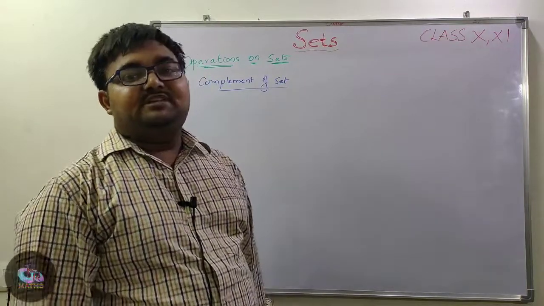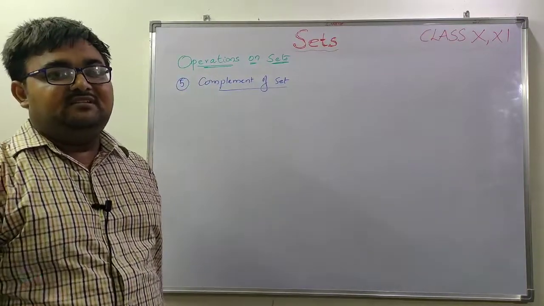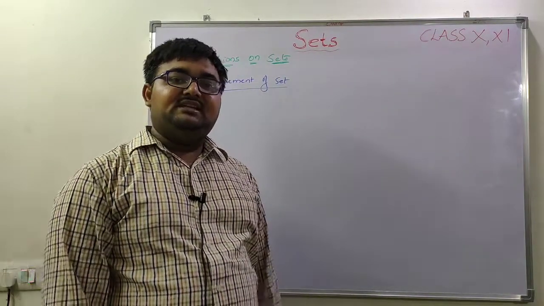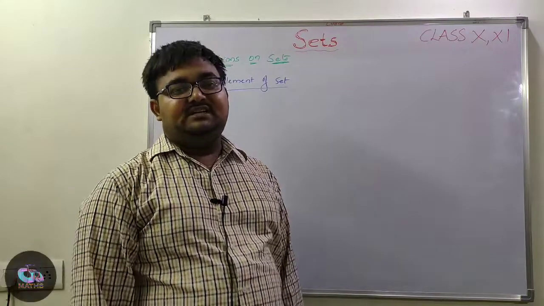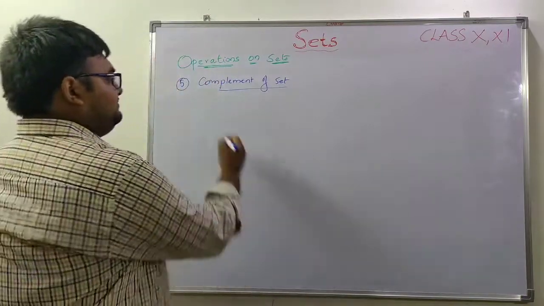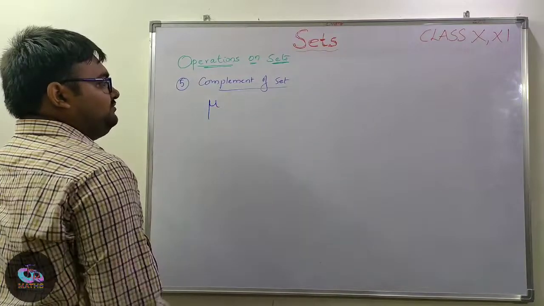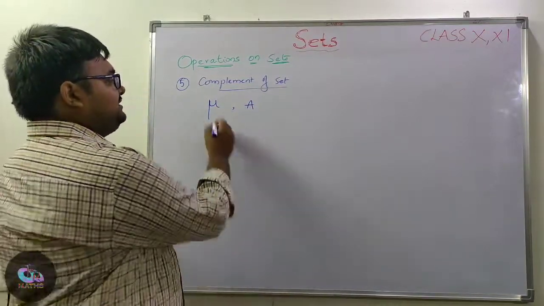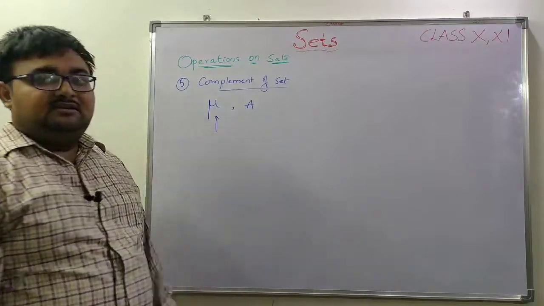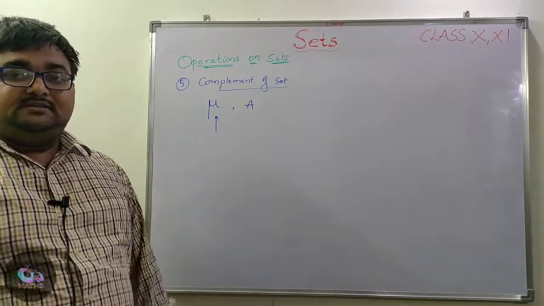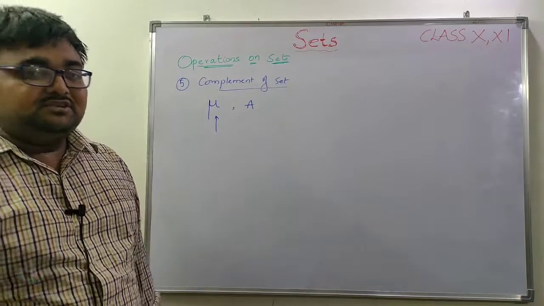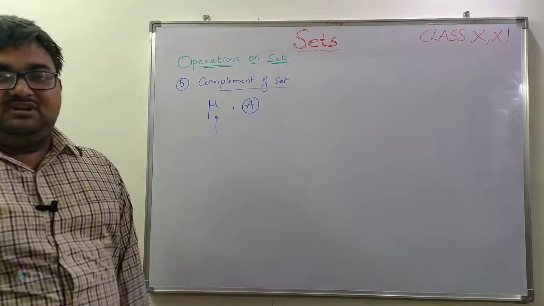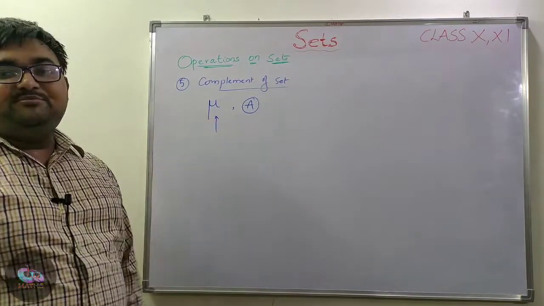If you want to represent the complement of set A, the complement of set A is nothing but all the elements other than the elements that are present in set A. If you consider a universal set mu and set A, this universal set contains all the elements which are present in the universe. Among these, A is nothing but a small set which is a subset of mu.